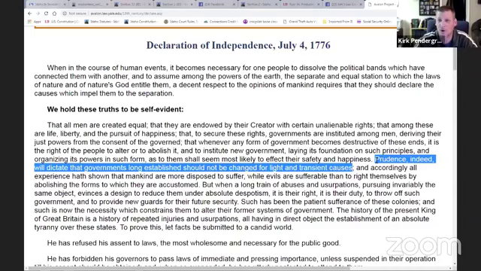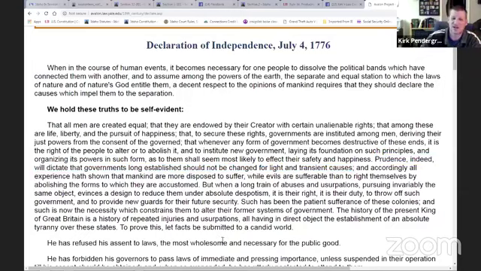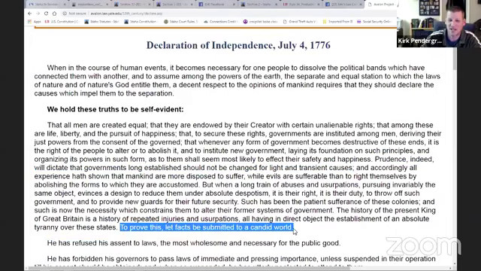In order to form a more perfect union, right, we did this. This is part of the declaration of why we are now independent, because as it says down here, to prove this, let facts be submitted to a candid world.